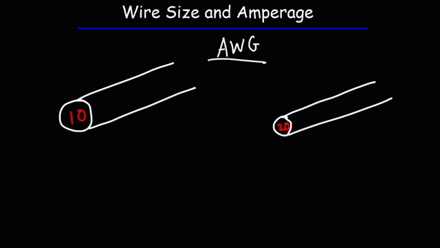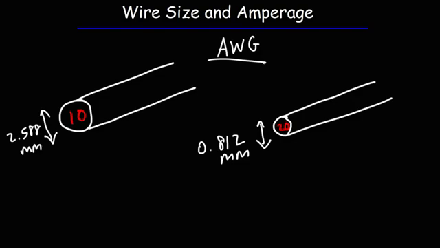Now, what we need to understand is that the higher number corresponds to a smaller wire. A wire gauge of 10 has a diameter size of about 2.588 millimeters, whereas a wire with a gauge of 20 has a diameter of 0.812 millimeters.